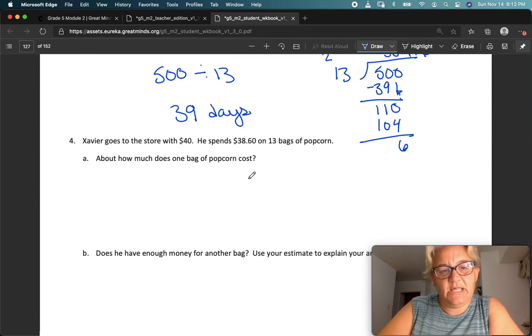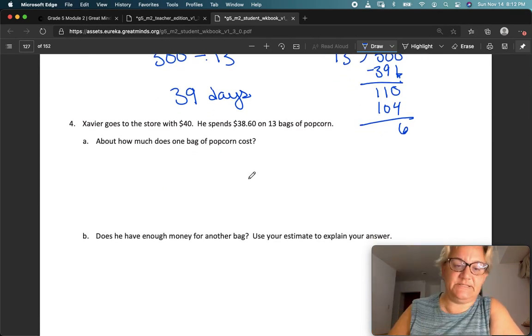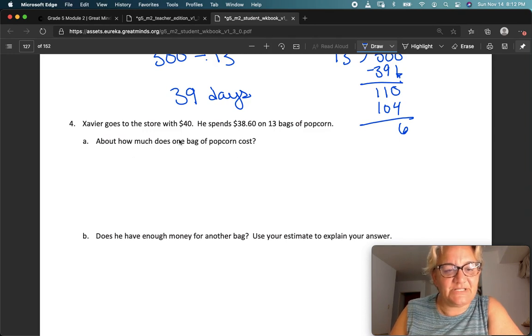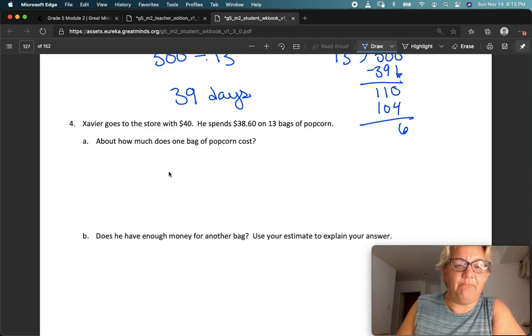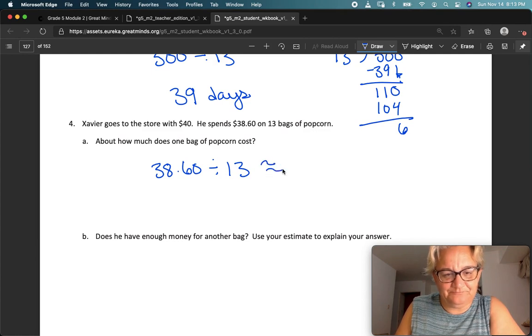Cool. Javier goes to the store with $40. He spends $38.60 on 13 bags of popcorn. About how much does one bag of popcorn cost? So he spent this, and he bought this, and now we're estimating.